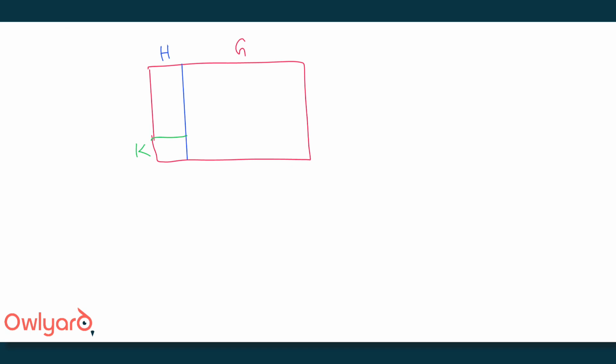We have a big group G, and then we have a subgroup H, and inside that subgroup H we have another subgroup K, right? So the setting is that K is a subgroup of H, which is a subgroup of G.